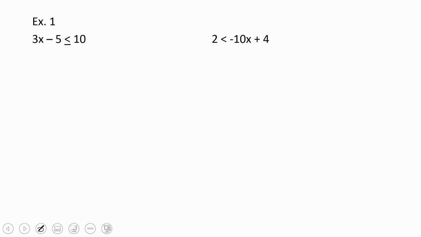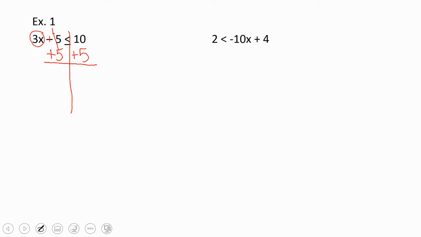So here our variable is already on the left-hand side, so we don't have to flip anything, so we can go ahead and solve it. So I'm going to change to addition, so plus the opposite. And then I'm going to move or add the opposite. So I'm going to add a positive 5 to move that over, because I always want to try and get the variable by itself.